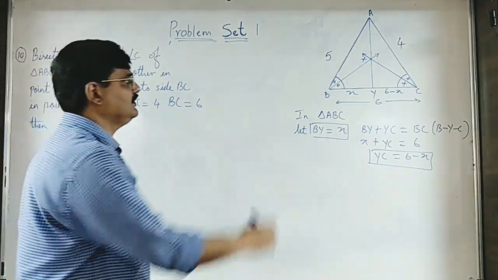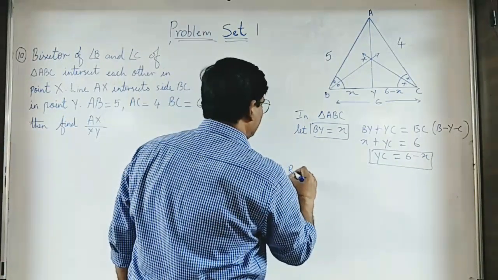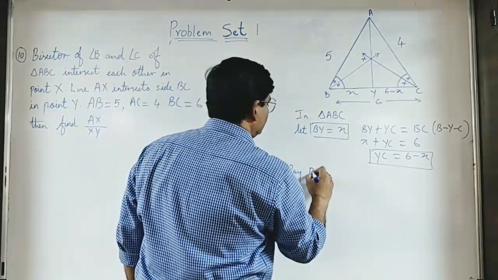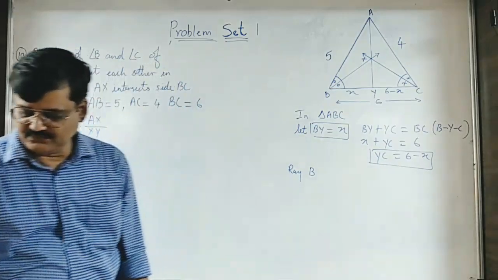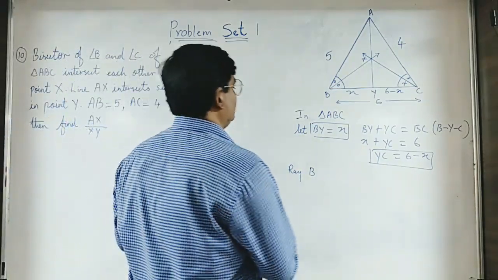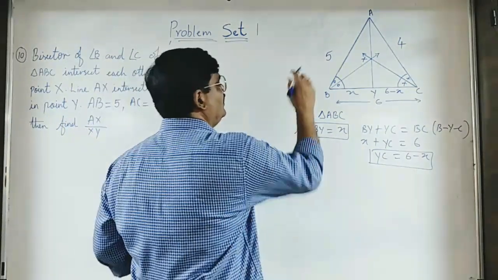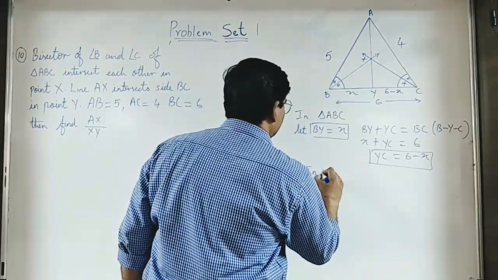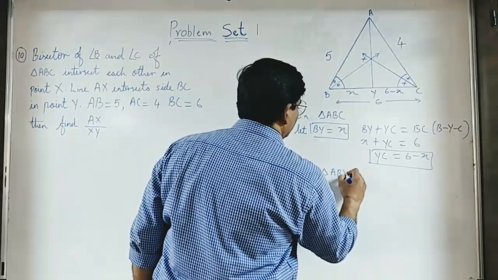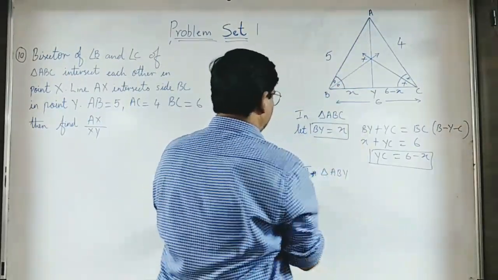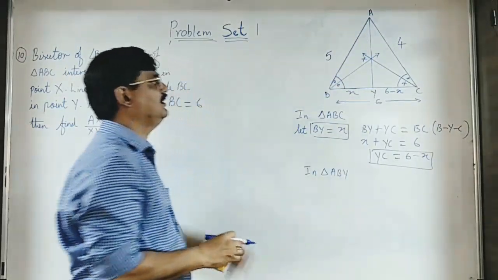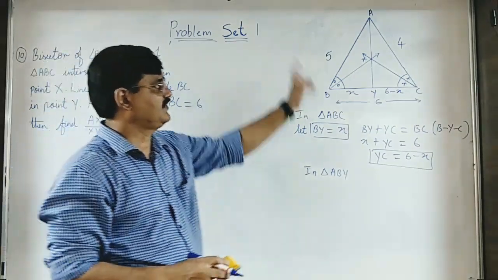Now, first of all I'll be going in triangle ABY. ABY is nothing but half of triangle ABC.